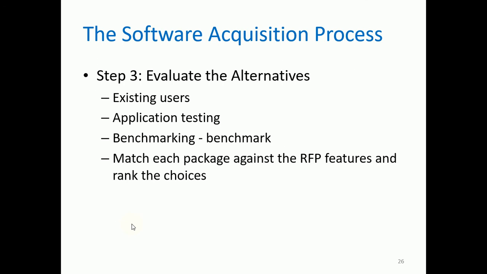And then you also have to do benchmarking. So which of the alternatives is the best? And then match each package against the RFP, or request for proposal, features, and rank the choices. So which of the alternatives is aligned with your RFP features.